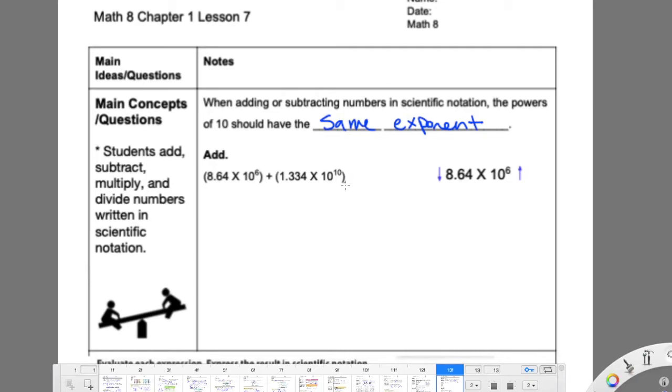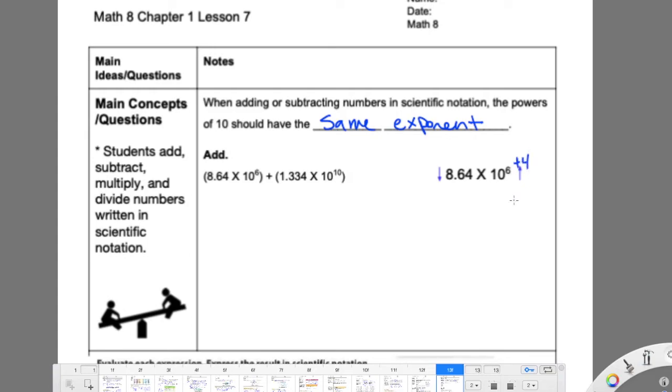So when we're looking at this, what we want to do is change it so that we do have the same exponent. If we do have one that's not the same, so we're starting off right here with one that is not the same, it's showing you on this side, we want to move the decimal to the left 4 places because I need to go up by 4.